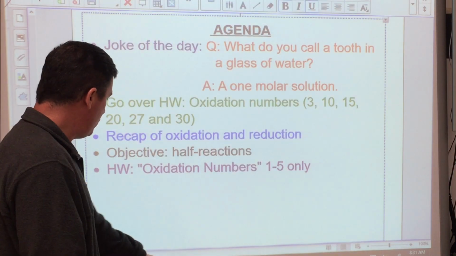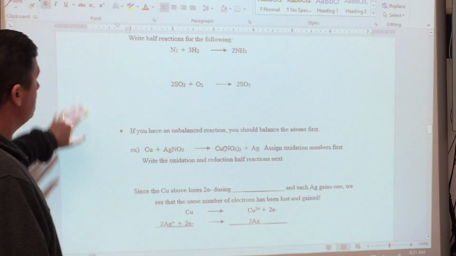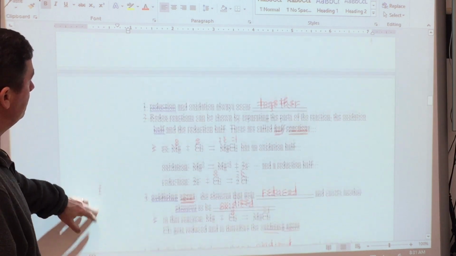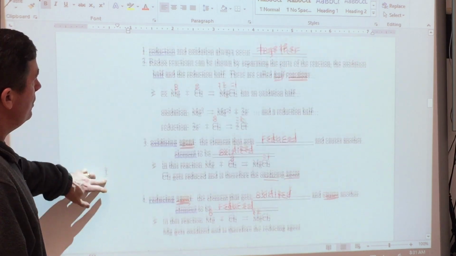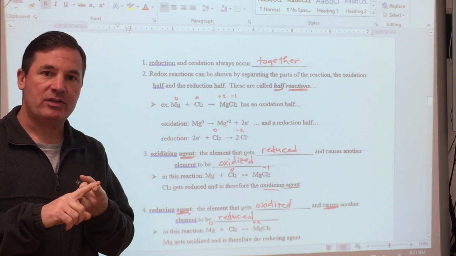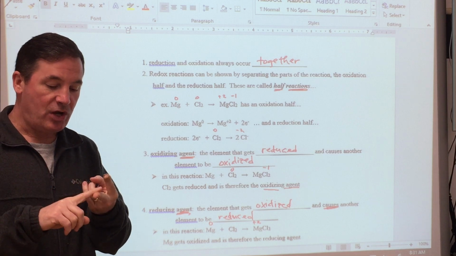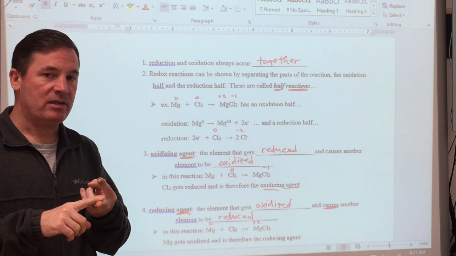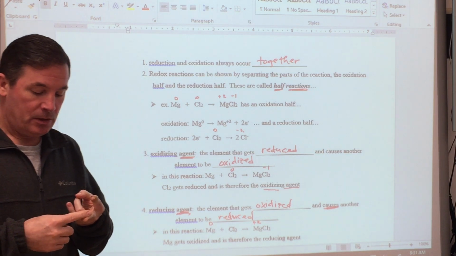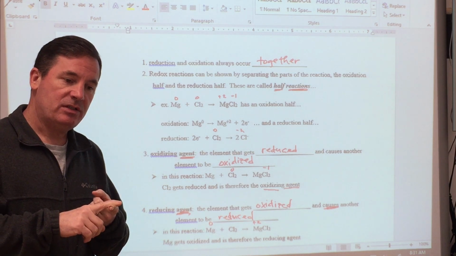And let's run through a quick recap. Okay, so what you should know so far is oxidation is losing electrons to become more positive. Reduction is gaining of electrons to become more negative.